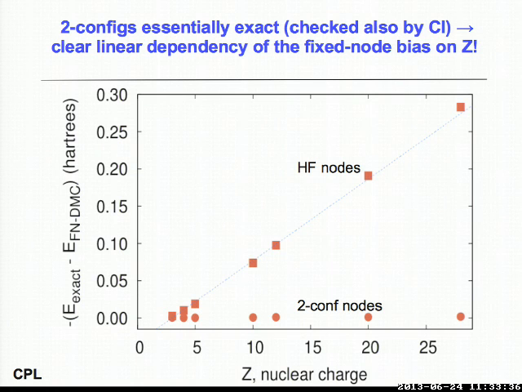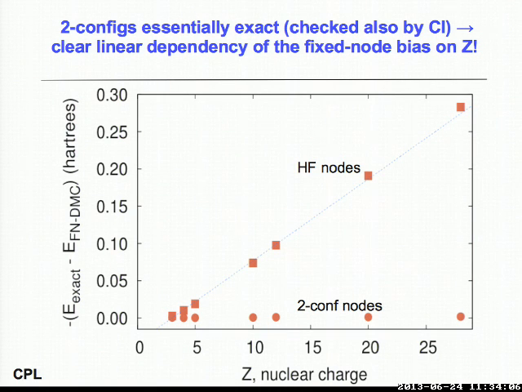This is for the Hartree-Fock wave function. And you see it goes linearly with Z, which is kind of interesting. If you take those 2 configuration nodes, this is essentially flat, it's 0, and this has been checked by an independent method. Here you can use CI very easily to get the exact energies. So the fixed node bias is actually sensitive to the electron density.